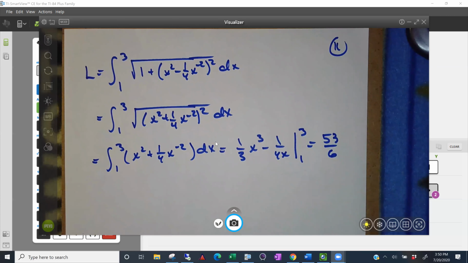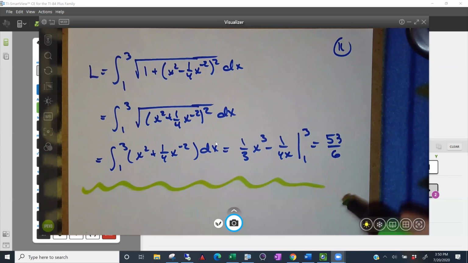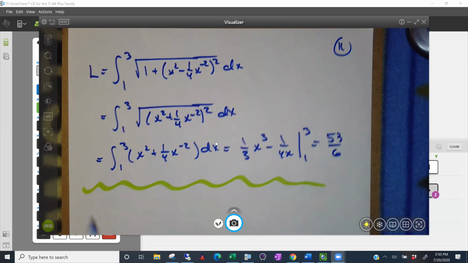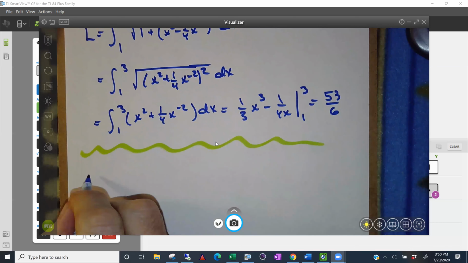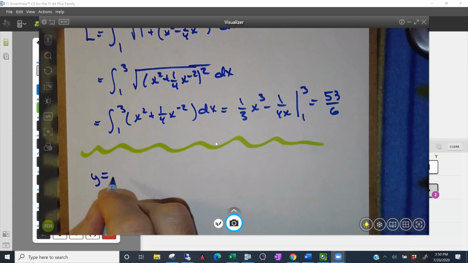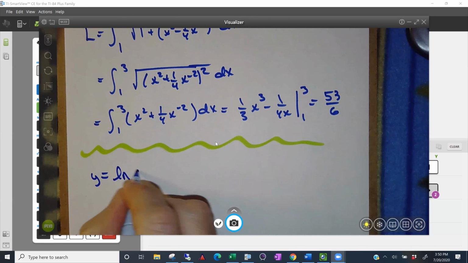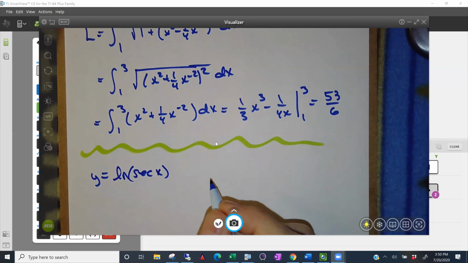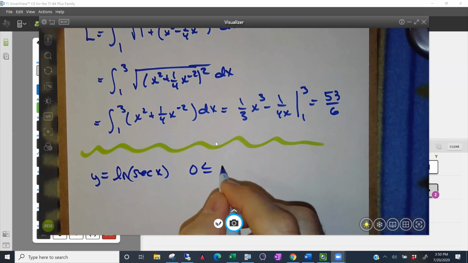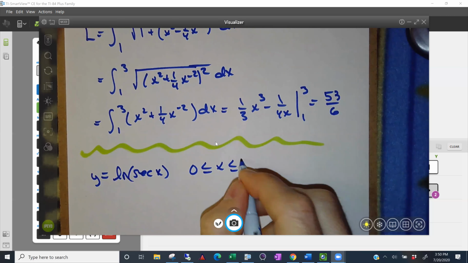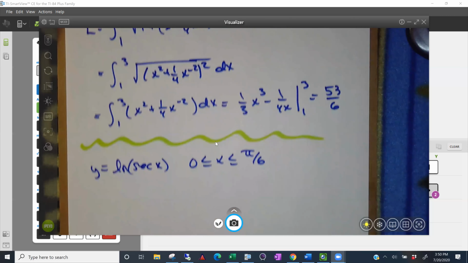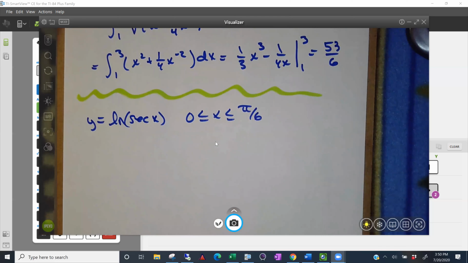And let's see here. So y equals ln of the secant of x, and 0 is less than or equal to x, less than or equal to pi over 6. So just a small, tiny, crazy looking little curve.